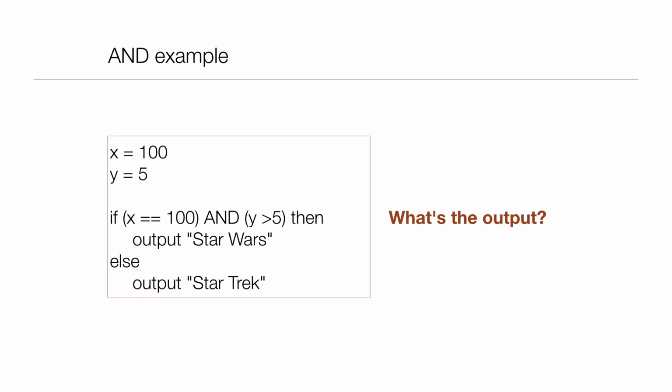The first part of the condition is true. And y is greater than 5. Now y is 5 already. So 5 greater than 5, that's false. So if x equals 100 and y is greater than 5, that whole condition will equate to false because not both sides are true. We've got a true and false. So this will actually output Star Trek.